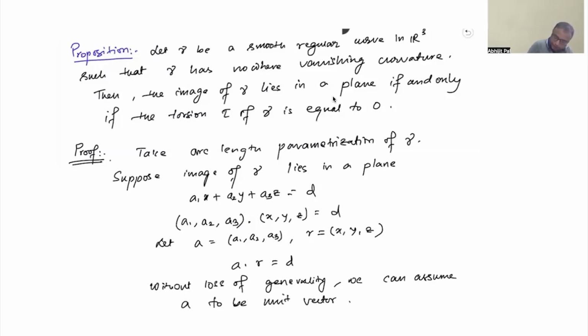Since gamma lies in this plane, we have r dot a equal to t. This means gamma of s dot product with a is equal to t for all s belonging to the domain of gamma.